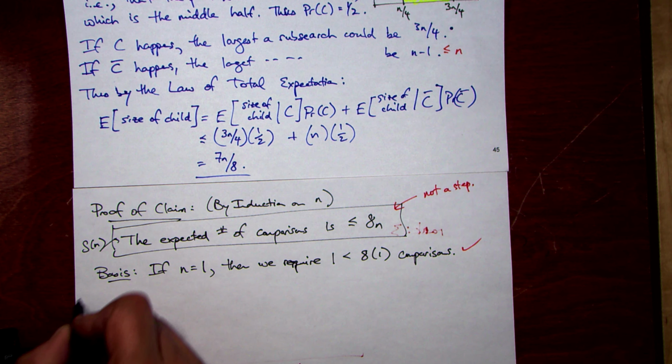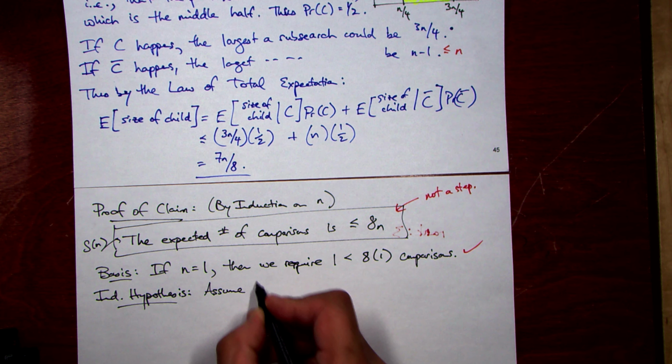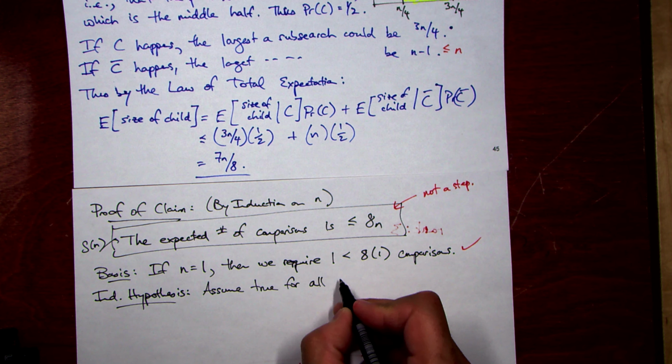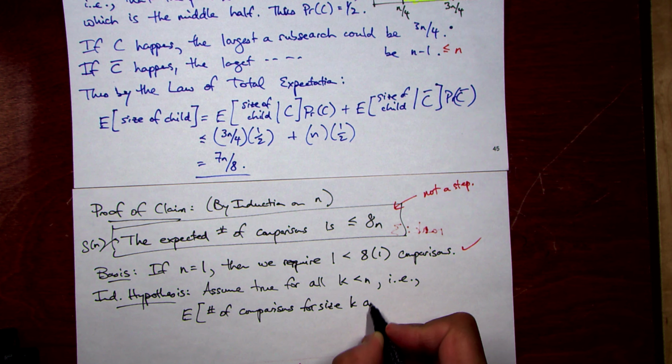And then we write down our inductive hypothesis, which is we assume it's true for all smaller k. So the expected number of comparisons for a size k array is less than or equal to 8k.